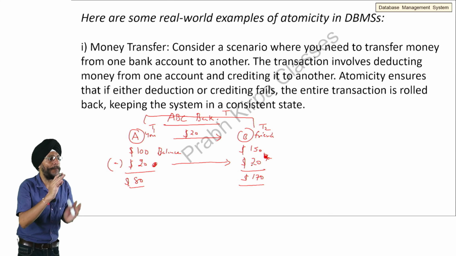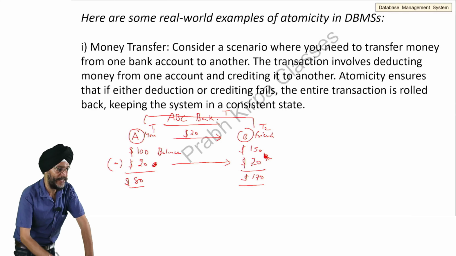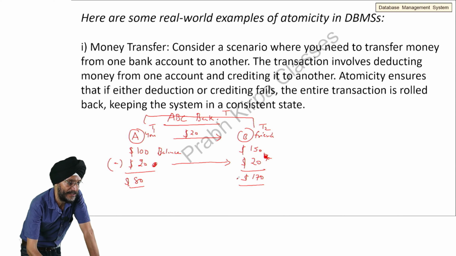Then the atomicity property of DBMS ensures that the whole transaction is reverted back.